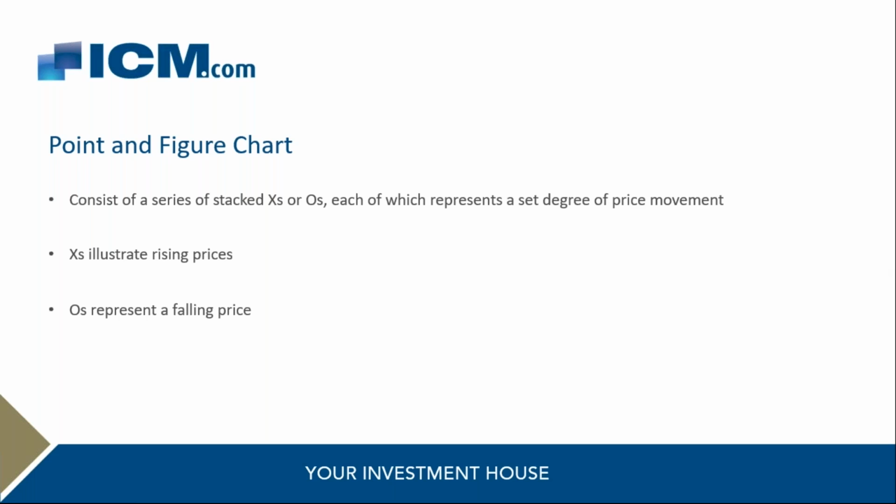So for example, if gold moves up $5, I want to mark this move of $5 with an X. If it moves down $5, I'm going to mark this move down with an O. So I'll be plotting a series of stacked X's, and after that stacked O's. If the market is going up, for example here, and then the market moved down, I have $5, $5, $5, $5, $5, and $5.